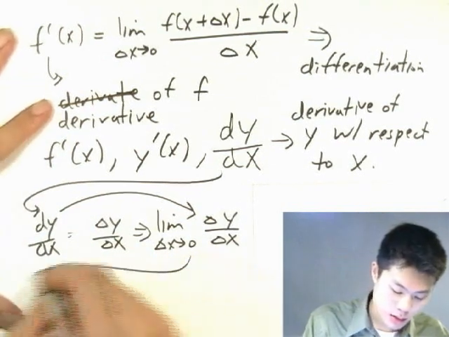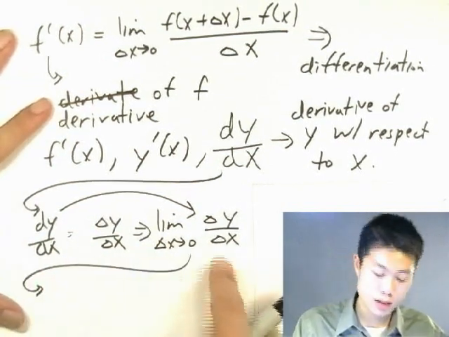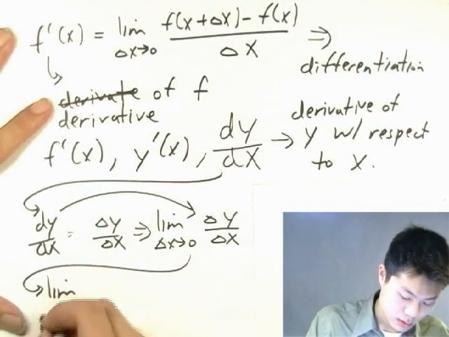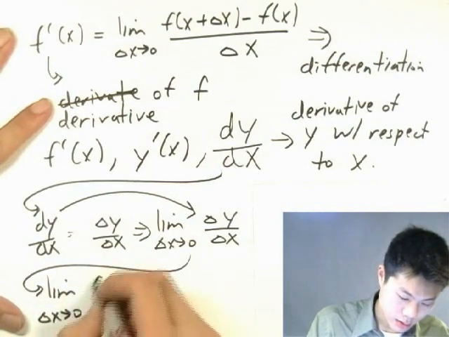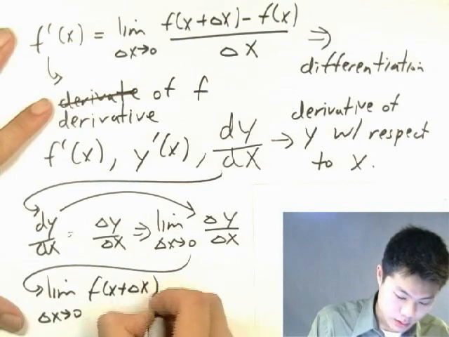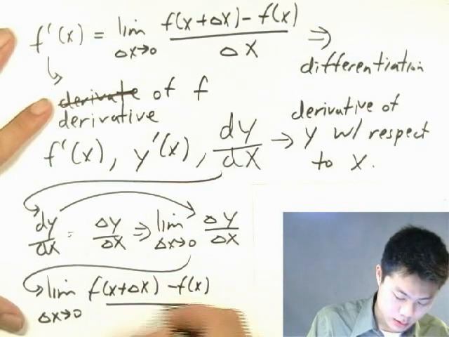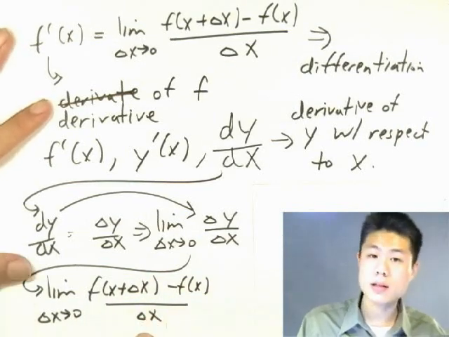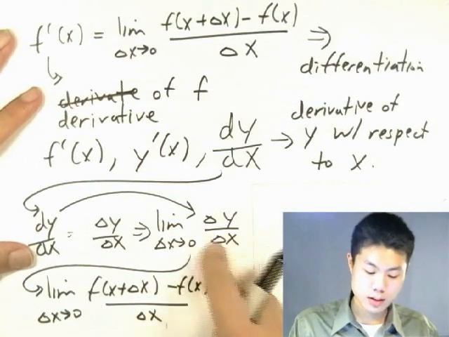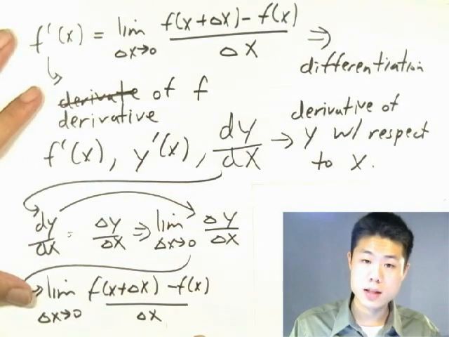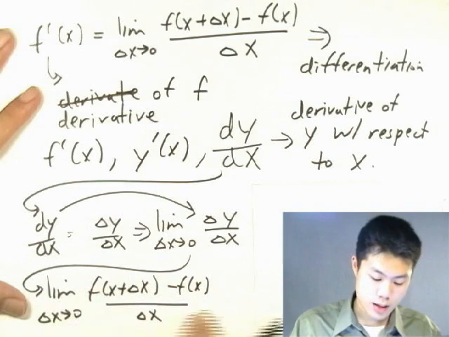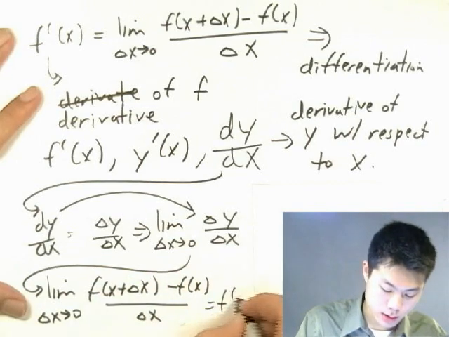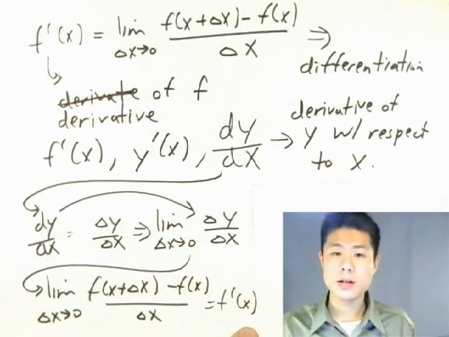And you saw that delta y over delta x is equal to this. And this thing is equal to differentiation.